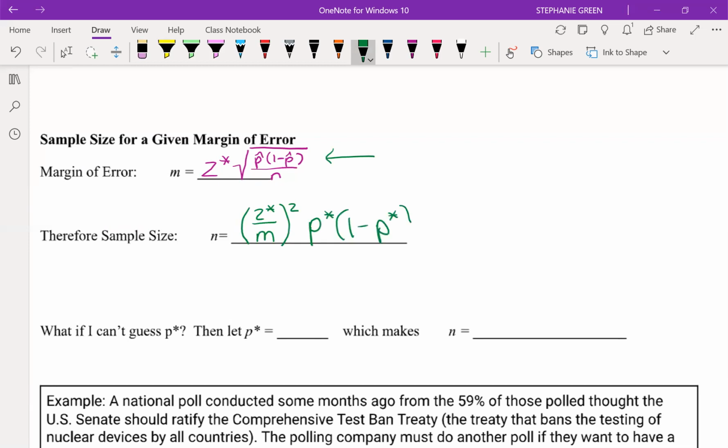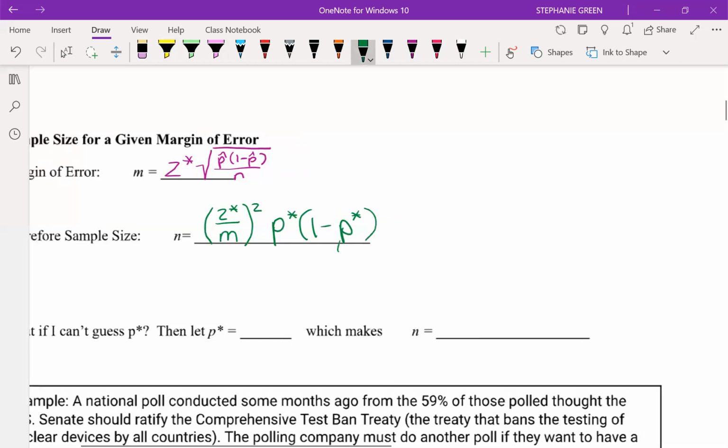Okay, so notice when I wrote this down, instead of doing p hats, I wrote p stars. And that is because when we are looking for the sample size, we don't yet have a sample to take a proportion of, and so we can't have a sample proportion. So rather than having a sample proportion, we're going to have a guess at a proportion, or like a hypothesis for our proportion.